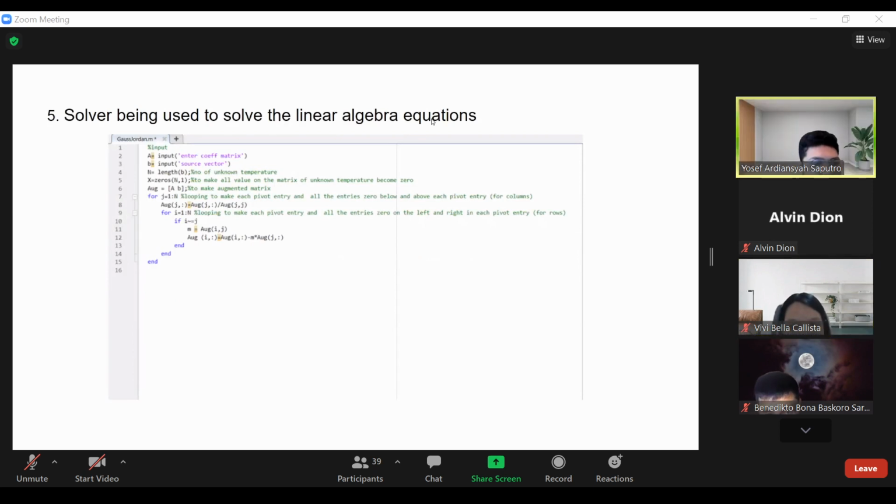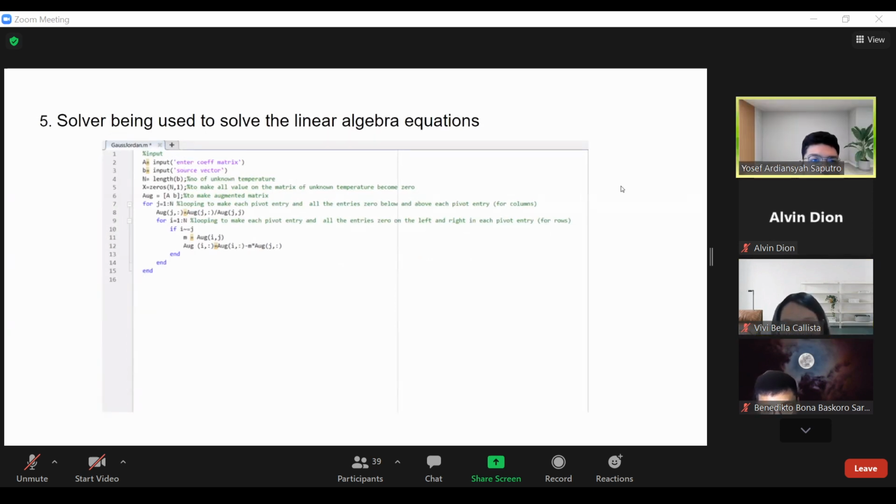Okay, this is the solver used to solve the linear algebra equations. In this project, the calculation is carried out using the Gauss-Jordan method in MATLAB. The process starts by entering the coefficient matrix in the MATLAB command window. The next step is to enter the vector matrix.